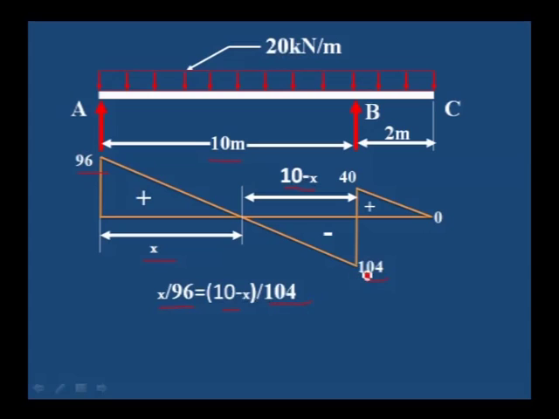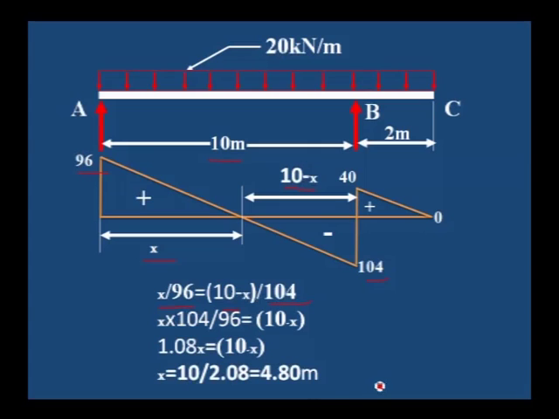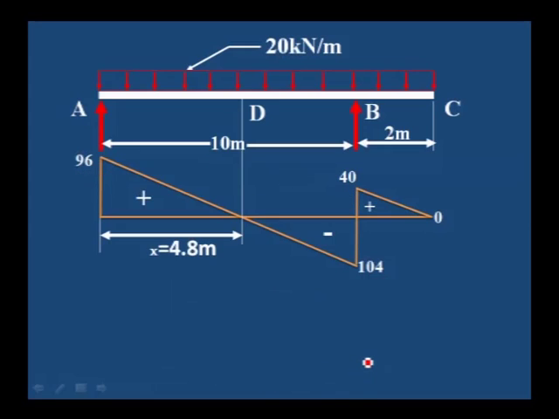You have to use the shear force values at this particular point. Therefore, on simplification, we will get the x value as 4.8 from the A point. It is just at a distance of 4.8 that we will get the maximum bending moment. X is equal to 4.8.